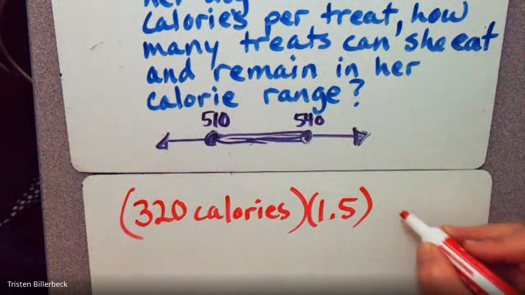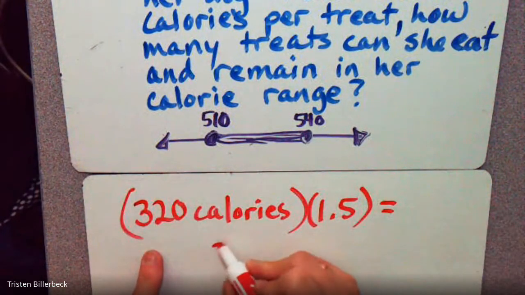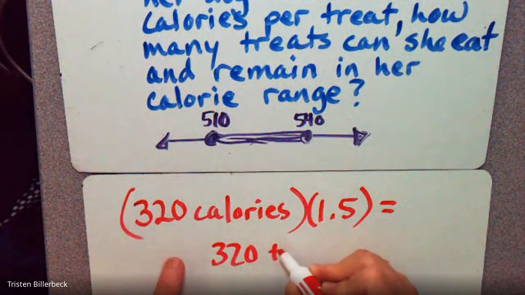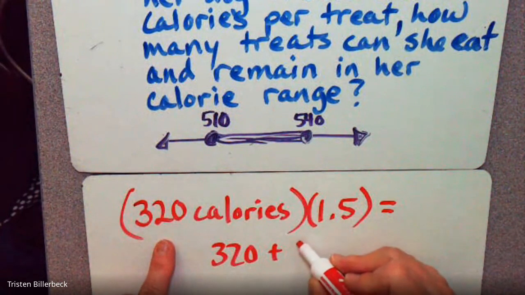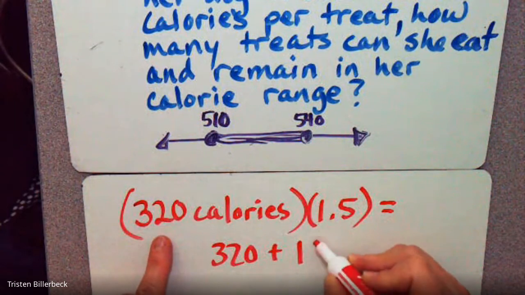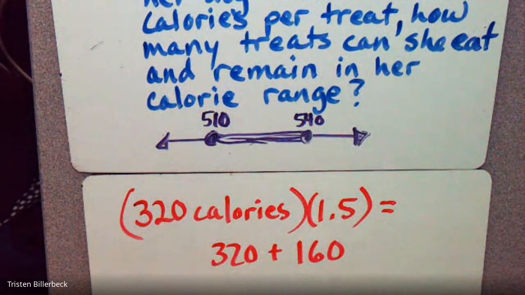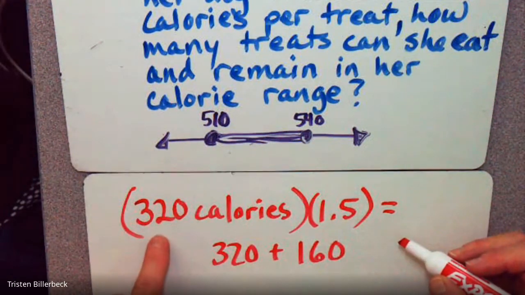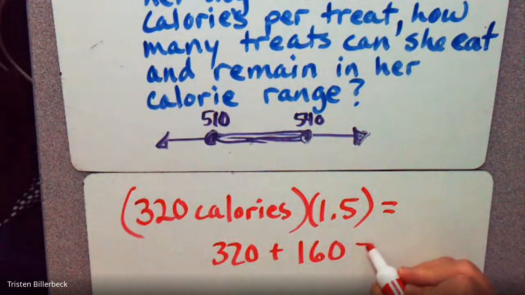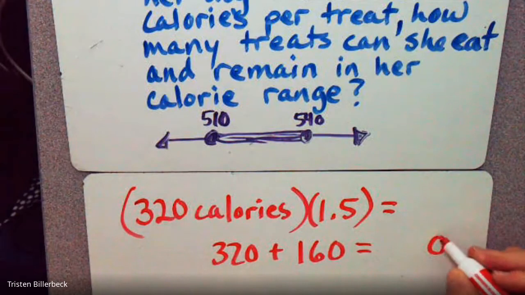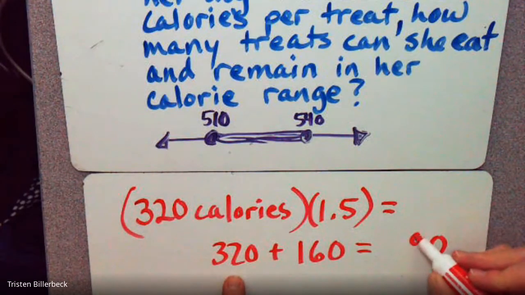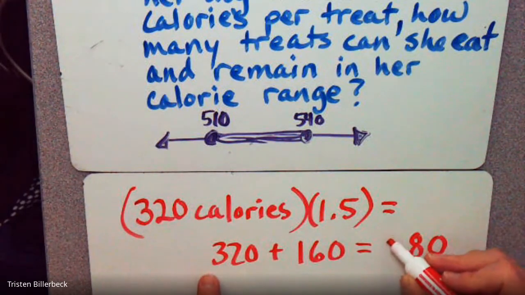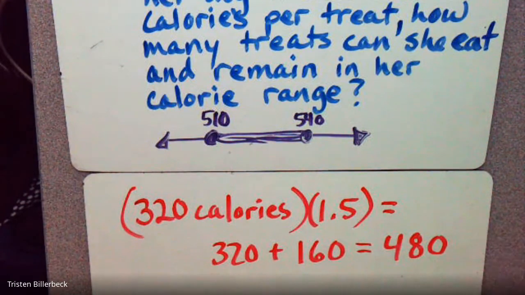So when we do that, we have 320 plus half of 320, which is 160. So we add those two. So that's the fast math of how to multiply by 1.5. 1 times 320 and half. Okay, so our total then is 0, and then 2 plus 6 is 8, and 3 plus 1 is 4, so 480 calories.